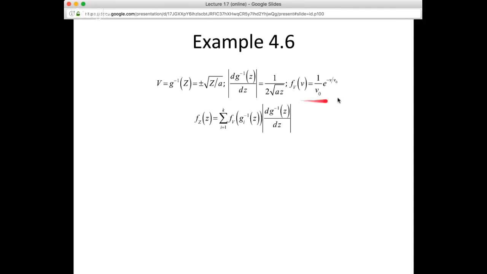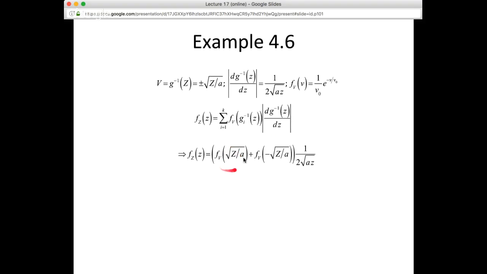We also know what the probability density function is for the wind velocity. It's just that exponential PDF. And so we've got everything we need to derive a PDF for the random variable z. Remember, that's just going to be equal to the sum over the roots, and we have 2 roots, where our g inverse is evaluated at those 2 roots. So we're going to have 2 terms in the sum.